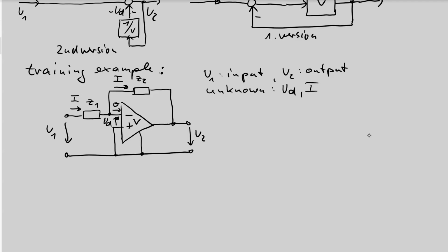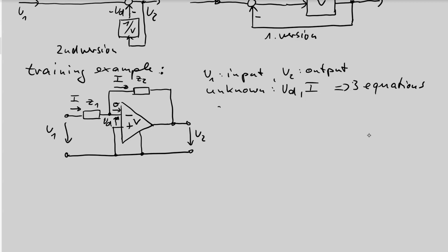So for each additional unknown we need an additional equation. So we need 3 equations. This training example should train setting up the signal block diagram, not setting up equations. So we do these equations now together.